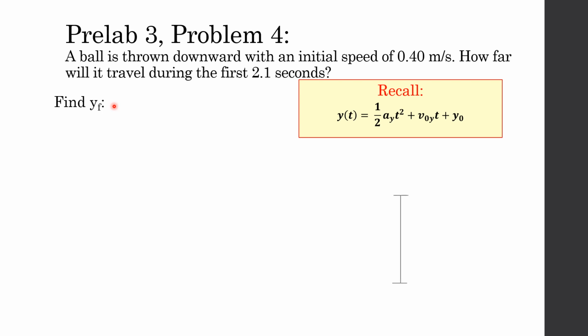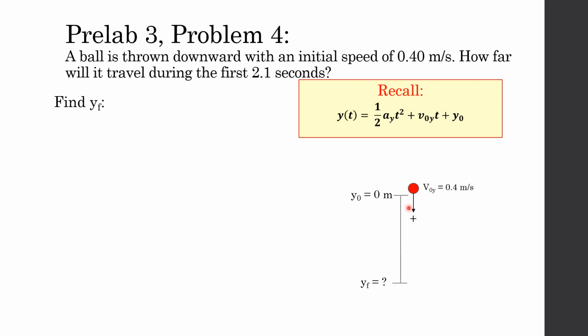All right, so we're going to draw our picture. There we go. Once again, we do not have an origin that has been defined, so I'm going to set the origin equal to 0. y final, that's what we're looking for. Initial velocity, they gave that to us. It is 0.4 meters per second. Now, since it's downward and gravity is downward, I'm going to define the downward direction as positive, as you can see right here.